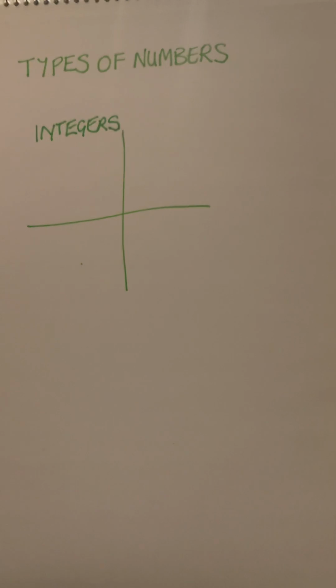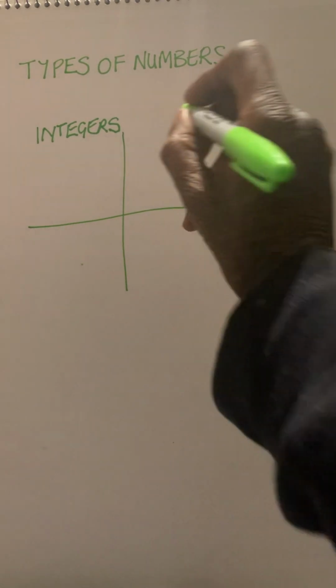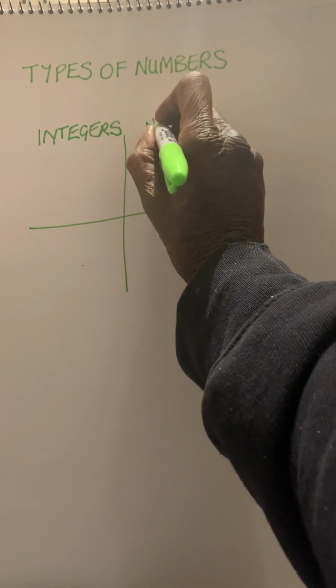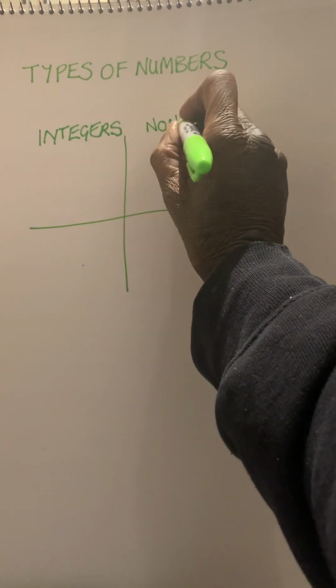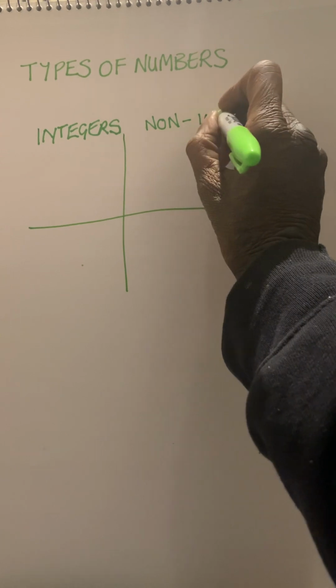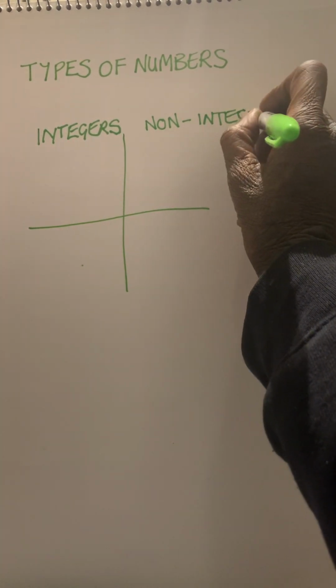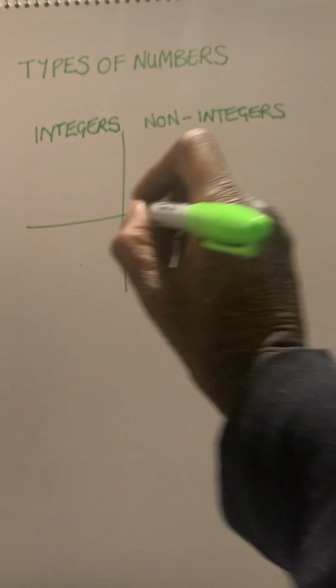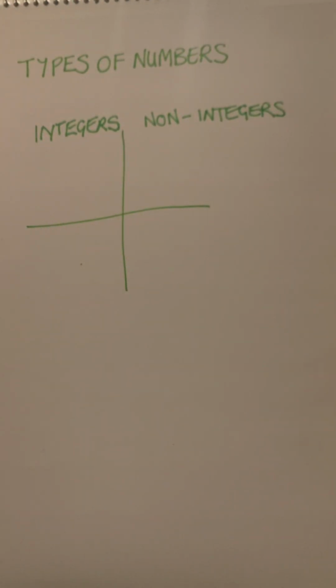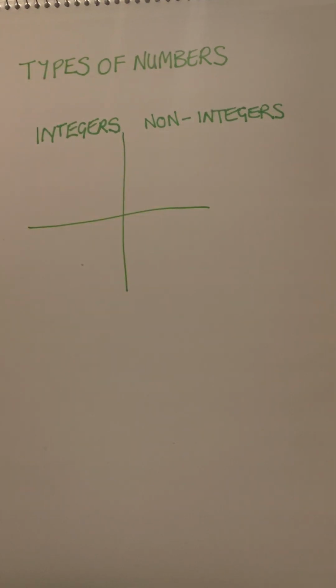Right, so talking about integers, non-integers. We're also going to talk about these different numbers that get grouped together, and we're talking about all numbers here.